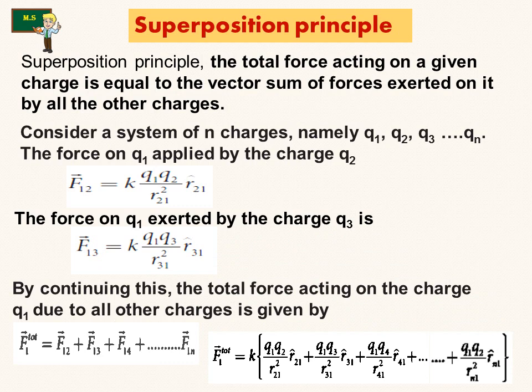So the total value can be summarized as F1 total is equal to, taking the common k out of the bracket, q1 q2 divided by R21 square into R21 cap, plus q1 q3 divided by R31 square into R31 cap, plus q1 q4 divided by R41 square into R41 cap, plus and so on till q1 qn divided by Rn1 square.